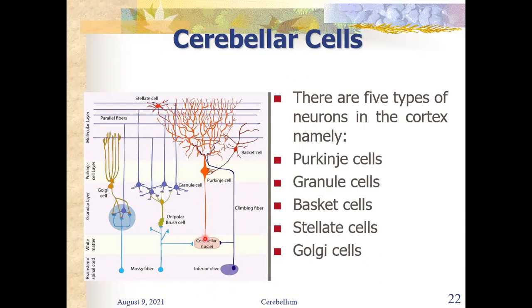The Purkinje cell makes synapses with the cerebellar nuclei, while the mossy and climbing fibers also send collaterals to the cerebellar nuclei as they move into the deeper cortex of the cerebellum to make synapses with other types of neurons in the cerebellar cortex.